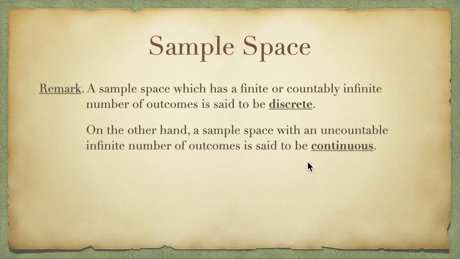So our fourth example has an infinite number of outcomes, and it's also uncountable, so therefore we call that a continuous sample space. It follows that our numbers 1 and 2, since we have a finite number of outcomes, are also discrete sample spaces. Our number 4 is the only example which has a continuous sample space.